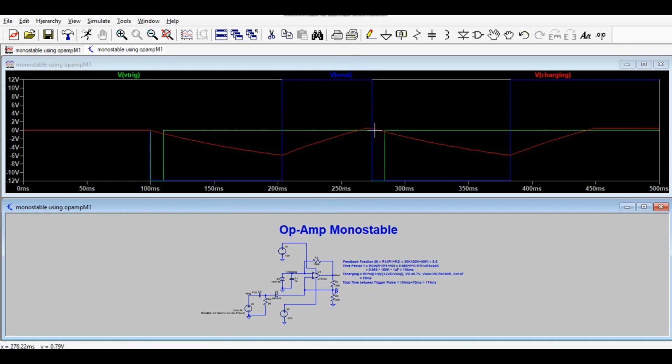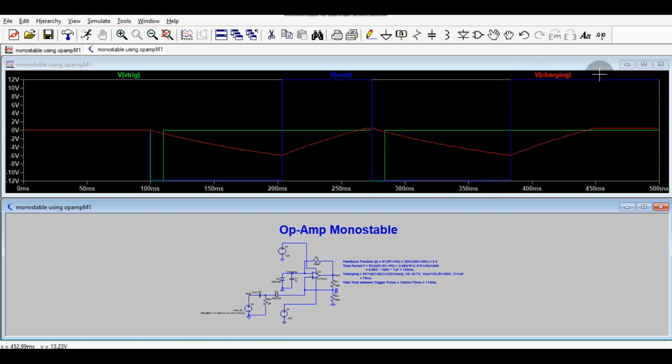Once you apply a second trigger pulse, the output of the operational amplifier again becomes unstable for the time period, then again it goes to a stable state, okay.